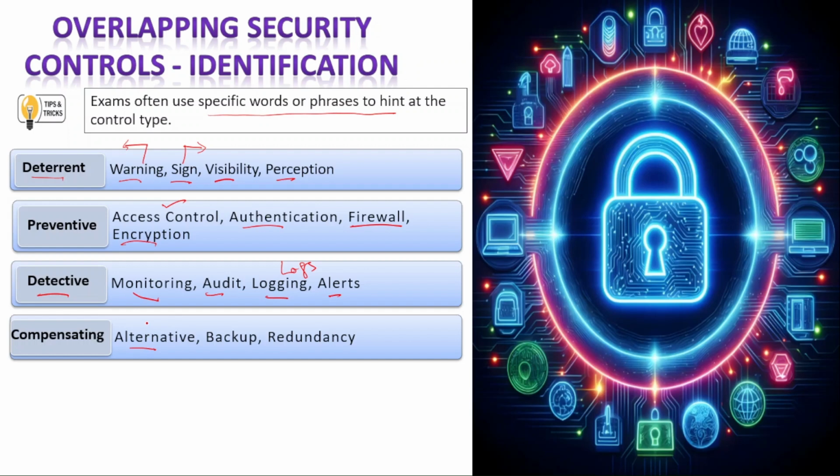For compensating, there will be alternative. Let's suppose there is a primary control and maybe there is an alternative control. So an alternative control or secondary control is always a compensating control. Backup is also a compensating control, because you have a database that is being used by users in active production, but you also take backups of that database in case a disaster occurs and the production database is destroyed. You can always have a compensating control such as backup to restore the data.